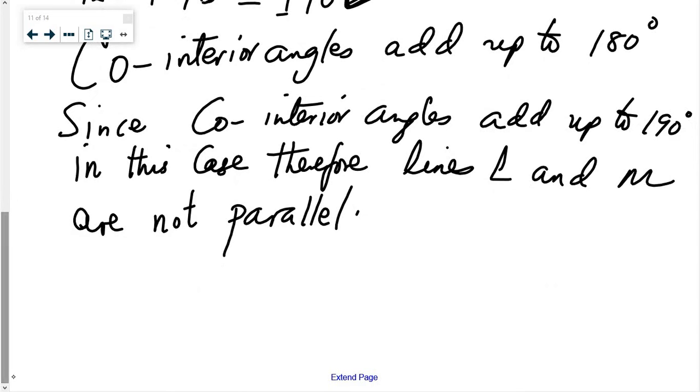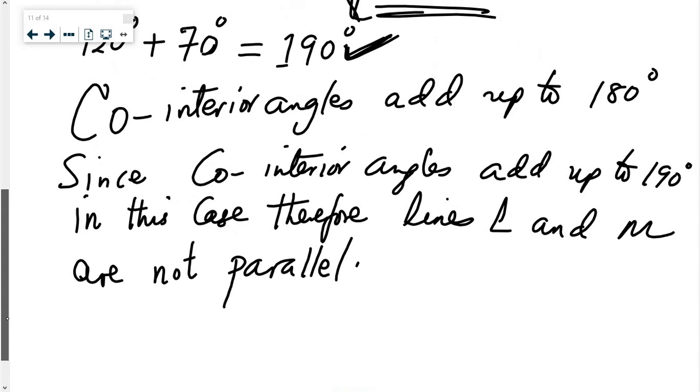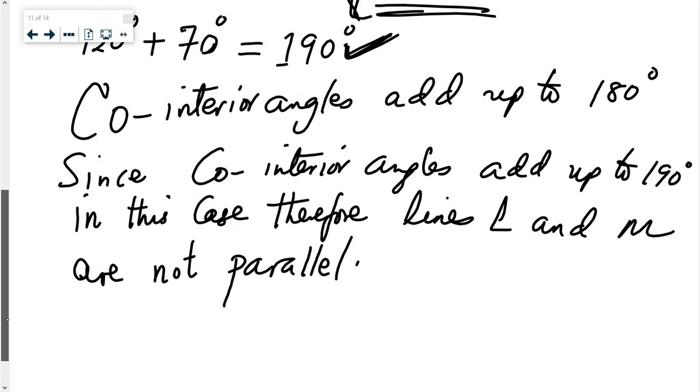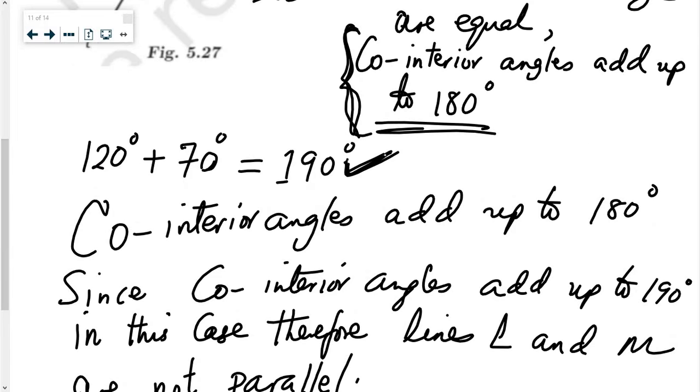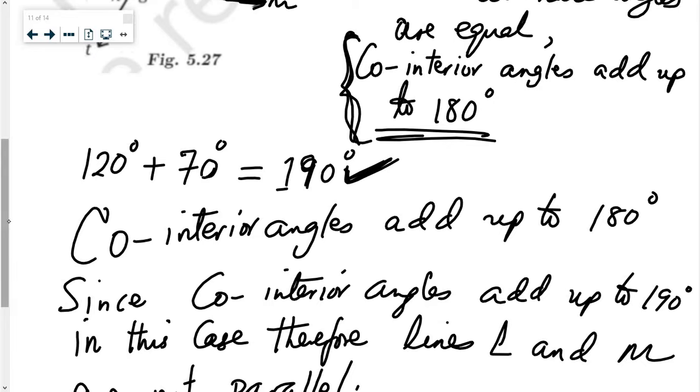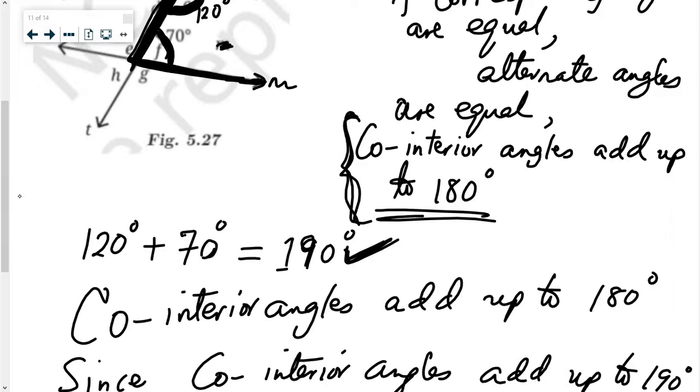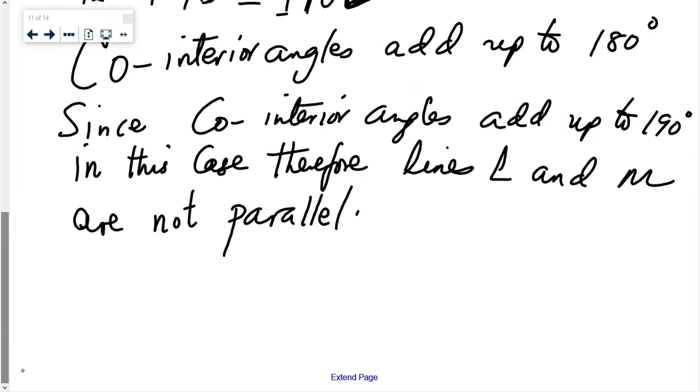I think that is clear. So co-interior angles add up to 180. So since co-interior angles add up to 190 in this case, therefore lines L and M are not parallel. But if the answer was 180, then you could have said that those lines are parallel. But they are not parallel.